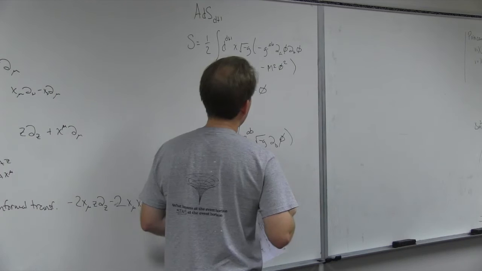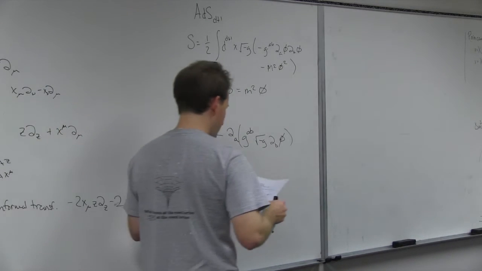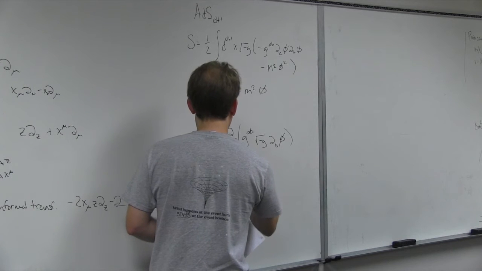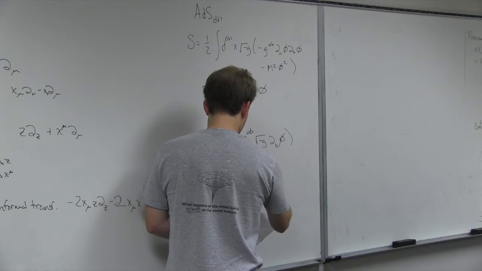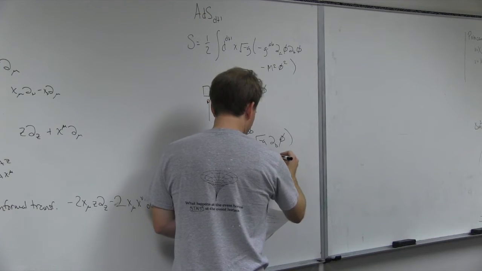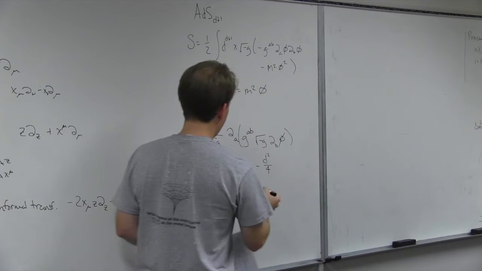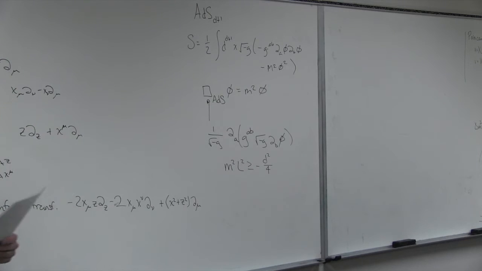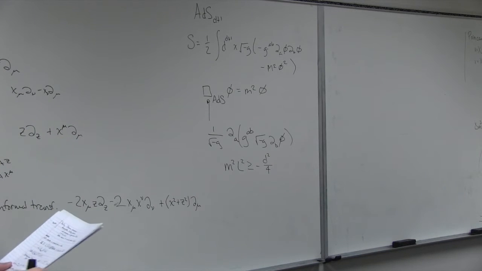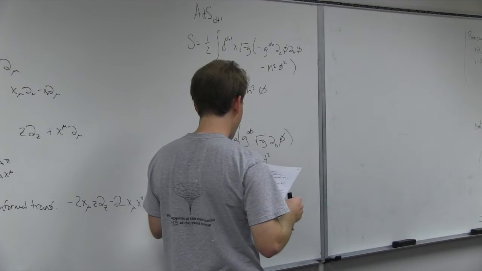Comment. In AdS, it's actually consistent to have tachyonic masses, as long as they're above this value. This is called the BF bound, for Breitenlohner and Freedman. I always say BF because I can't ever remember how to pronounce Breitenlohner.